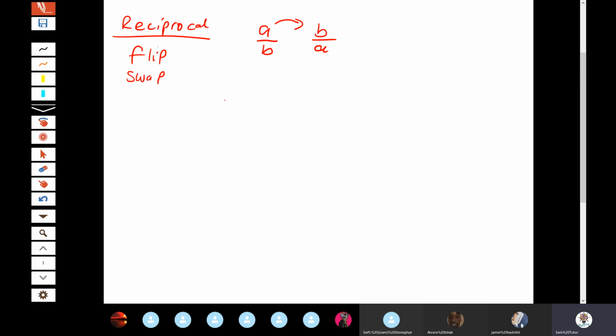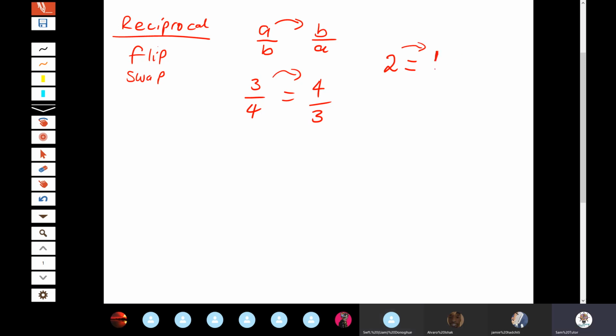So again, if I had the number 3 over 4, what's the reciprocal of 3 over 4? Easy. And here's a tricky one. What if I had 2? What's the reciprocal of 2? 1/2.